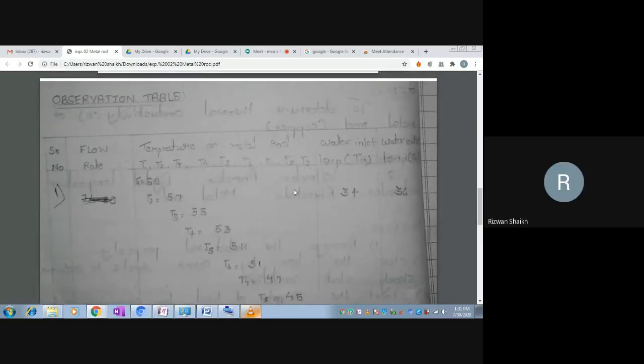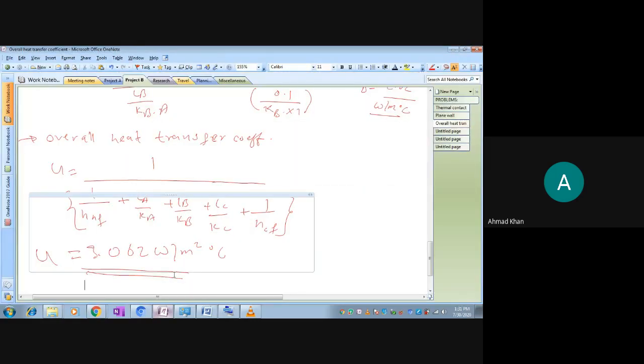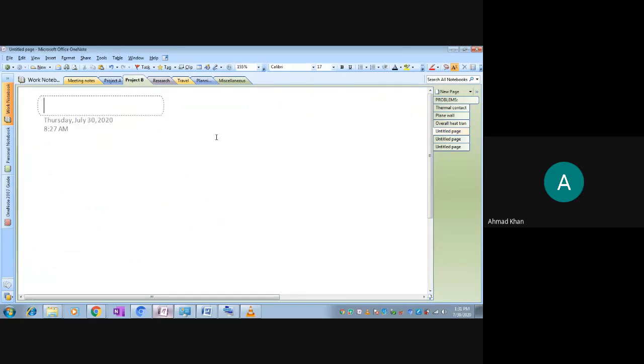So if you want, I can do it with the help of Notepad. Okay, how to do the calculation for this?